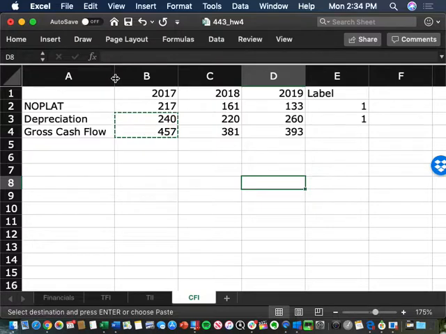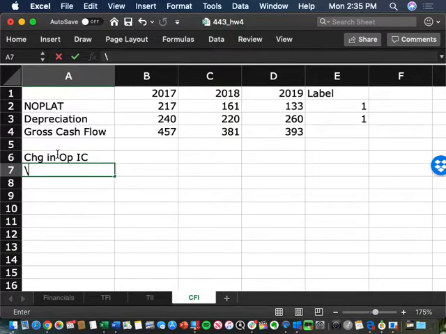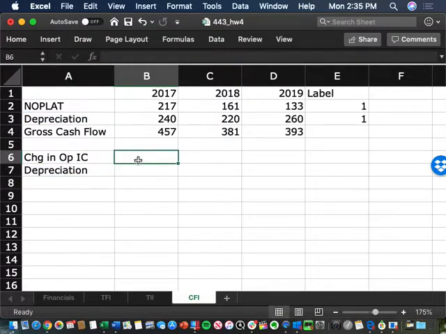Now the next step is to do gross investment. For gross investment, I gave you a shortcut. The shortcut was to take the change in operating invested capital plus the depreciation.